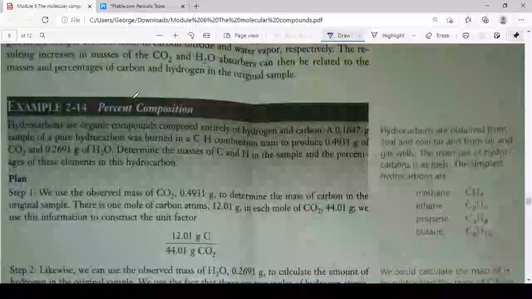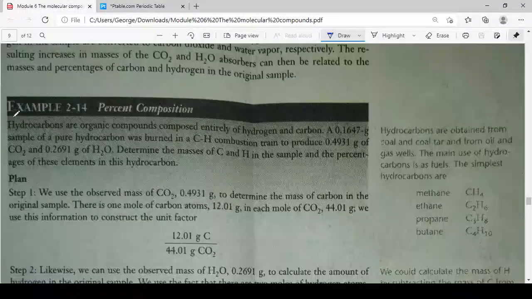So next we have percent composition. Here we have a problem: hydrocarbons are organic compounds composed entirely of hydrogen and carbon.